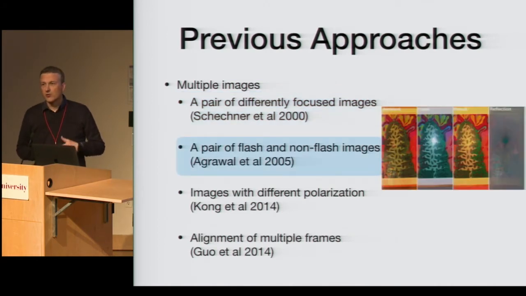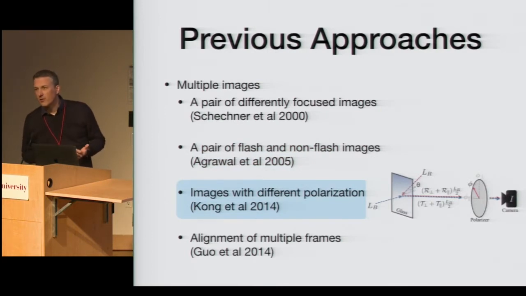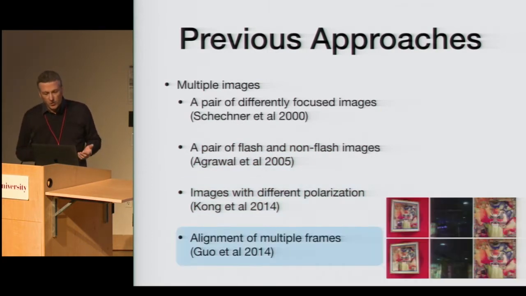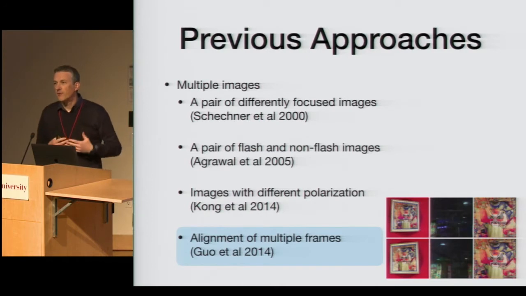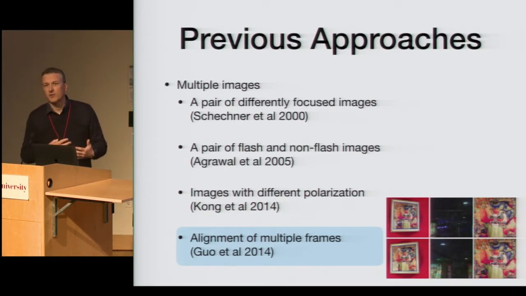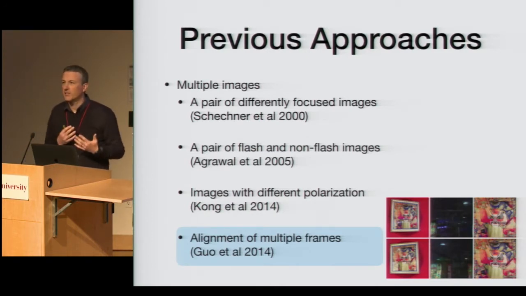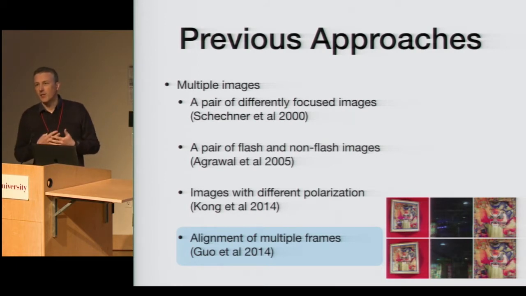Or one can also use pairs of images, one captured with a flash, one without a flash. That also helps differentiating them, or using different polarization, or also capturing a video and then using frames from a video where I change the perspective, aligning them, and then based on the fact that the reflection has a different perspective, then I can separate them.